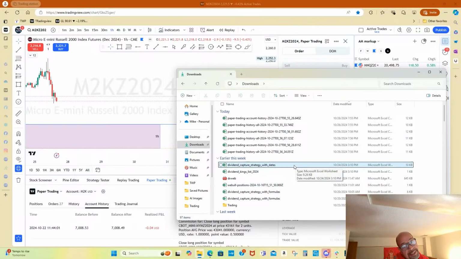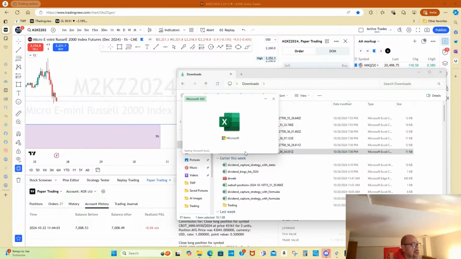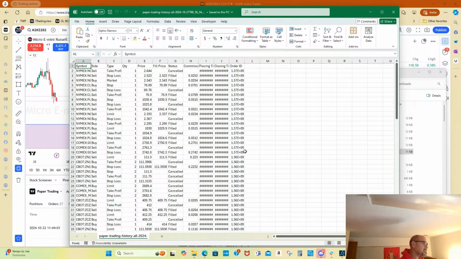Maybe I did it last week and then didn't update my sheet. I didn't update my sheet because I felt like I was sucking. But this will include those numbers. Let's see what we can do with this. Is this going to open in Excel?